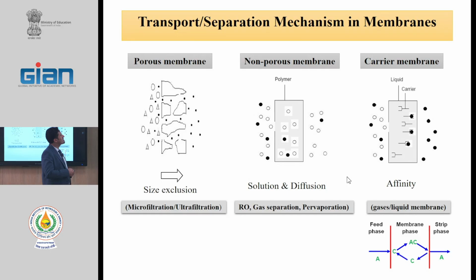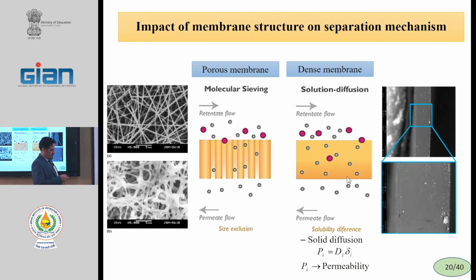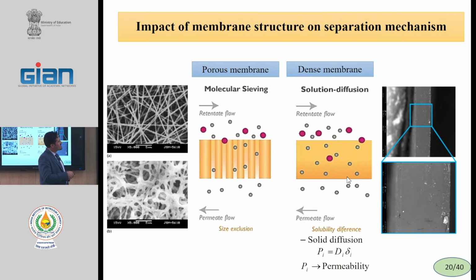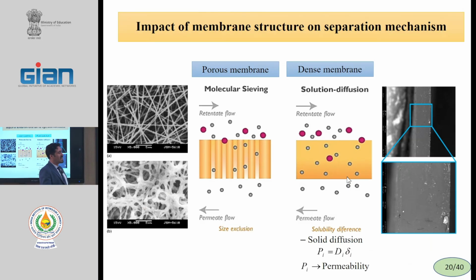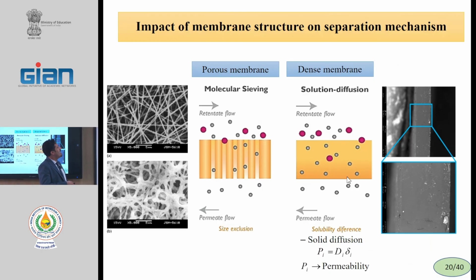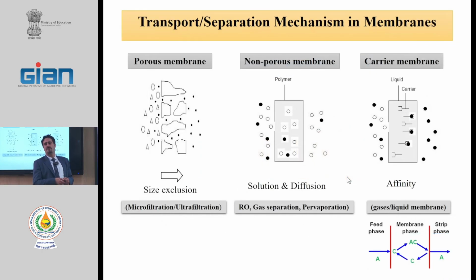In non-porous membranes, we have no porosity. We have a dense membrane. That means we have no pores. In this case, we have the solution diffusion mechanism. We have two steps. First, molecules should be adsorbed on the membrane surface.